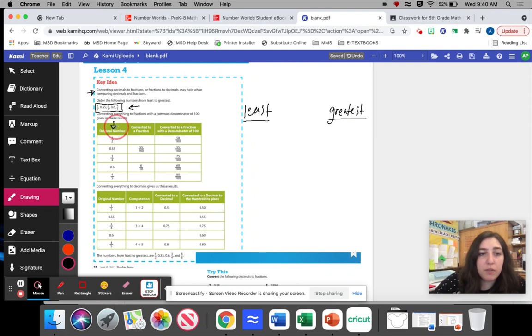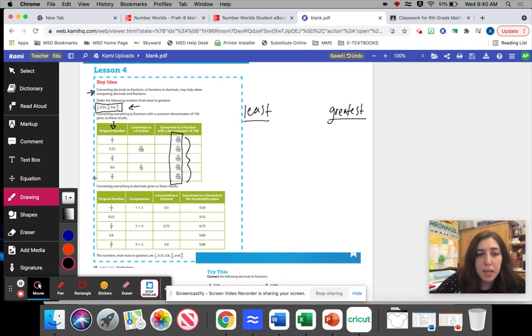We are given a bunch of different numbers, as I said, but if we convert everything to fractions with a common denominator of 100, we're going to be able to easily compare them, right? I can more easily compare all these fractions that have a denominator of 100 rather than trying to compare these fractions and decimals, because when they are in the same denominator, I can tell right away that like 50 is smaller than 55 or 80 is larger than 75.